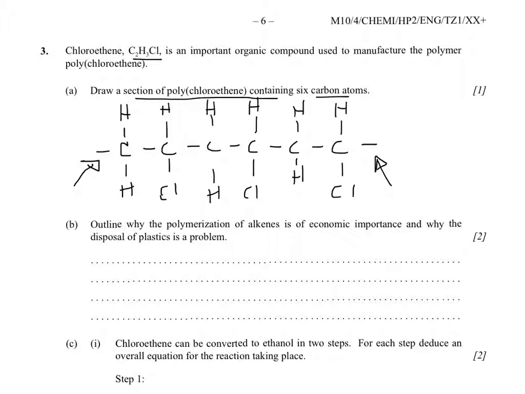All right, so outline why polymerization of alkenes is of economic importance and why the disposal of plastics is a problem. You can write plastics are cheap to produce and have many uses.